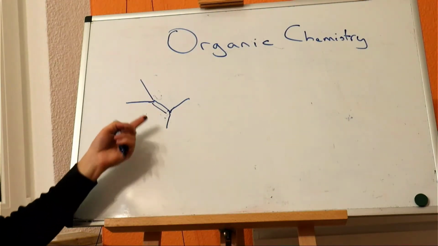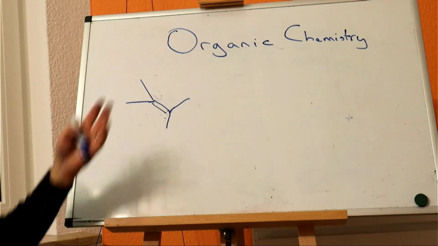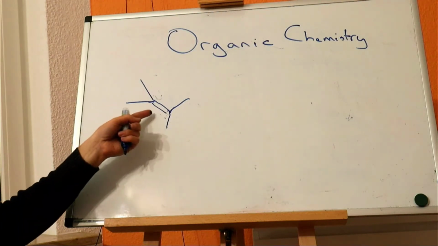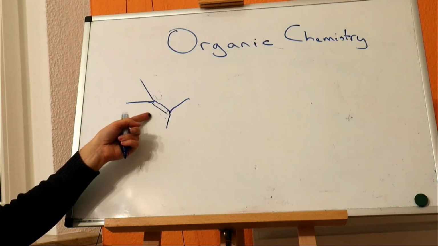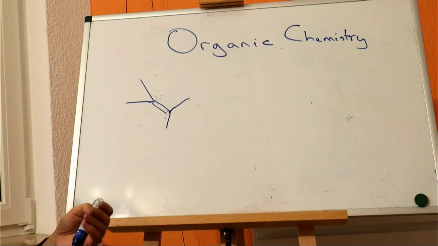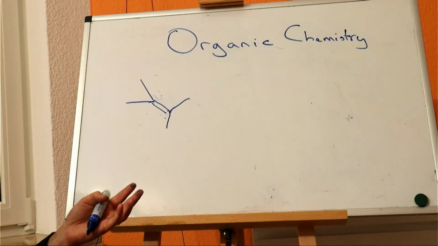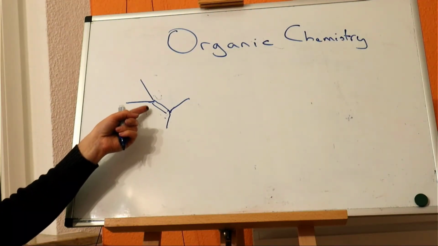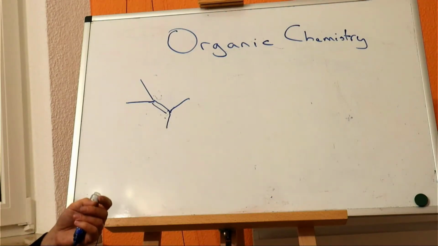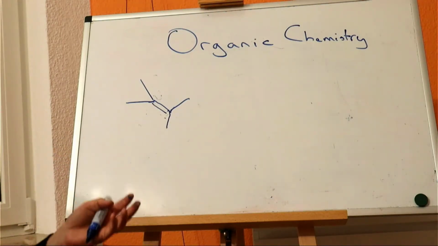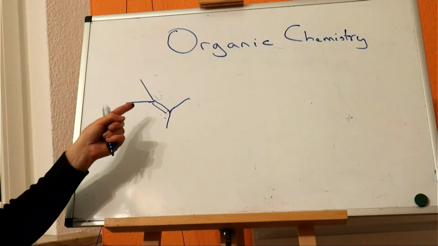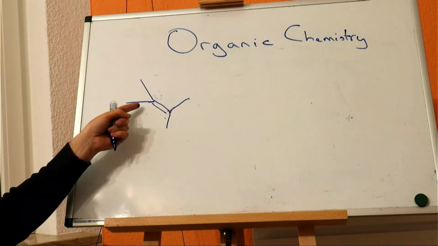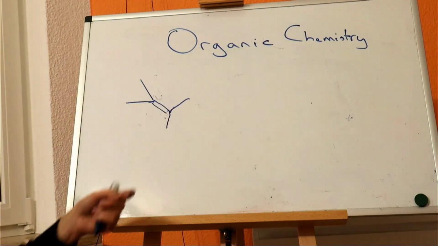So if we lose H plus into the solvent, we end up with this double bond here. That is the opposite of the reaction that we just had, obviously, and we end up with a more spread out branch structure because of it. This is obviously more stable because the double bond is fed by all of these methyl groups.